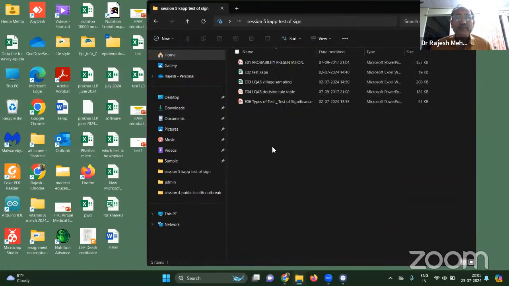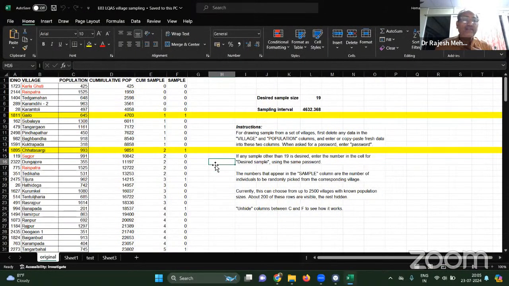So we have seen the lots quality assessment sampling technique. Now you should look into the matter from the Bangalore city. Let's say this is data of Bangalore city.